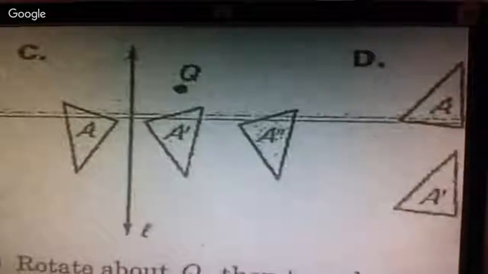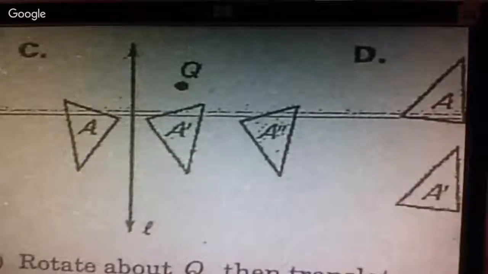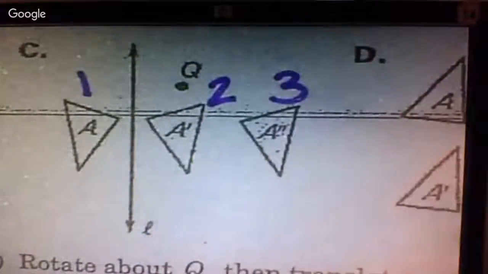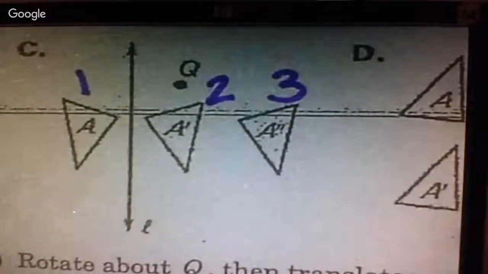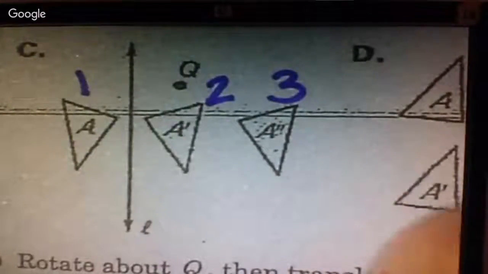All right, C. We got 1, 2, 3. So what has happened? I think it's 15. I agree. It reflected across the line and then it translated. Oh, it just slid. Yes.